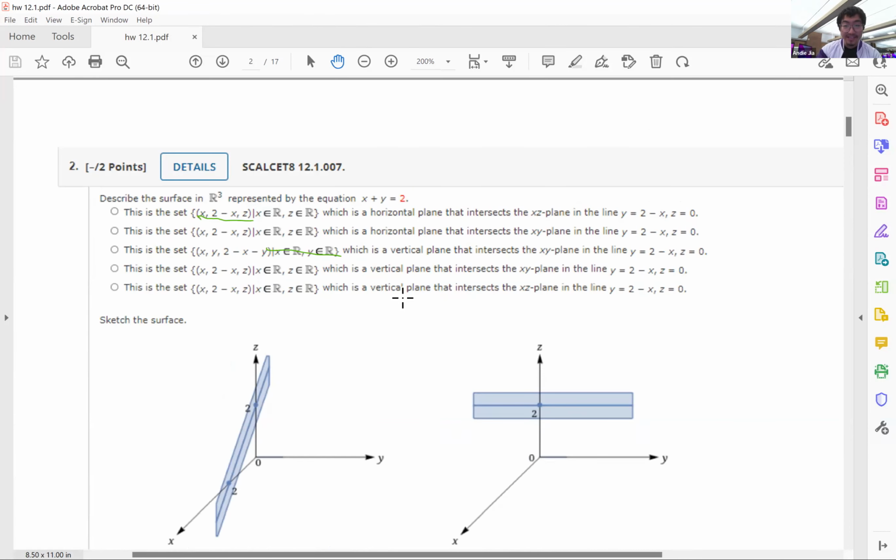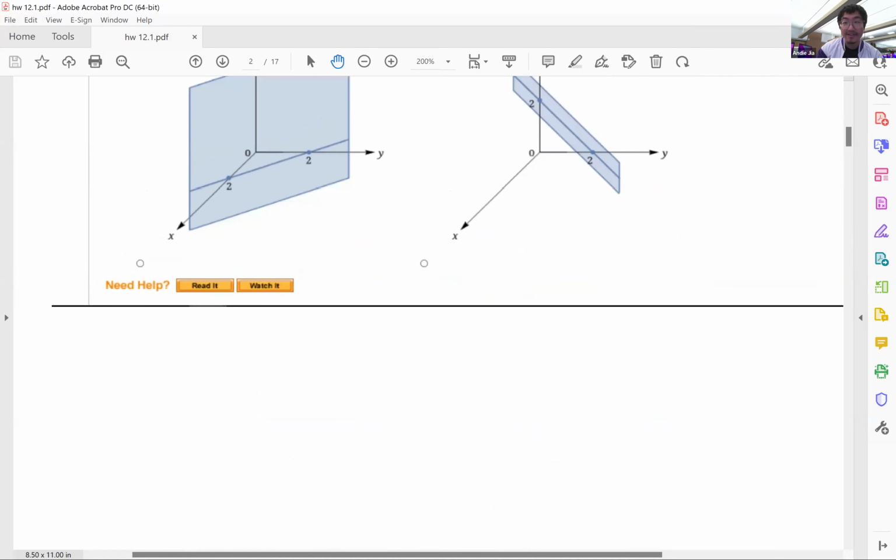In this case z is 0, meaning the height is always based from 0 and then extended vertically, but the direction is horizontal. So you can say choice 2 is what you can expect for the answer. But I may be wrong, so I will check.